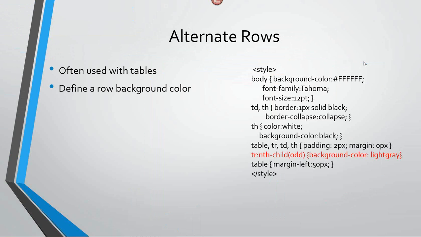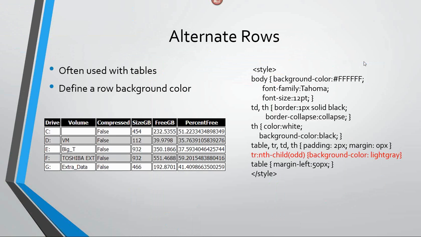And certainly you can set that style to be whatever you need it to be. But the end result, in this case gray, is something like that. So I have this table in my report with nice alternate rows, white, gray, or whatever style you decide you need it to be. I find something like that much easier to read, especially if you have a long table with lots of rows.